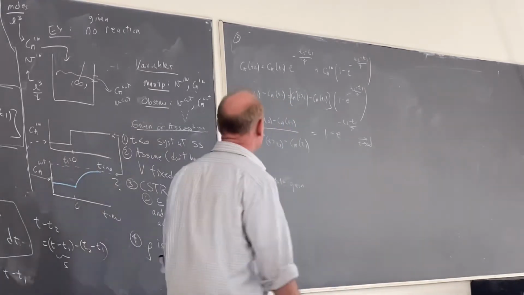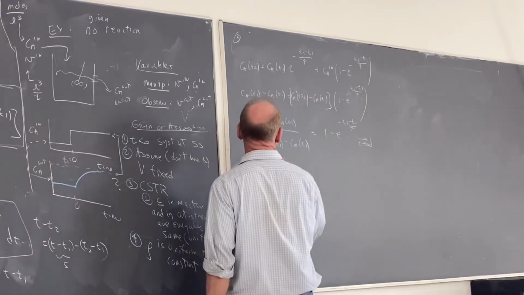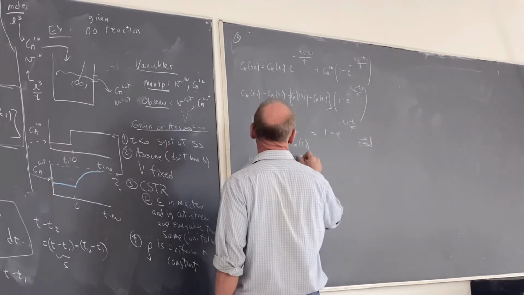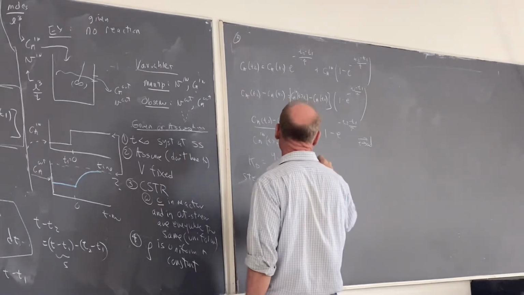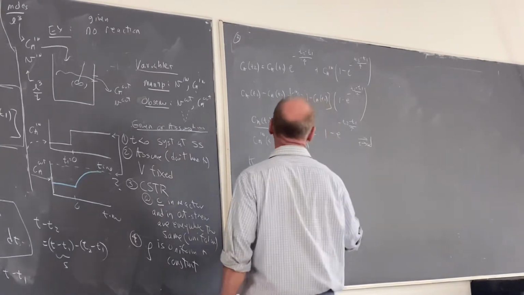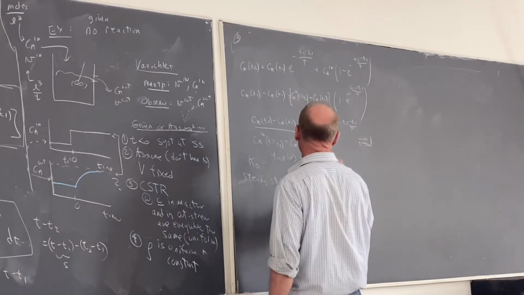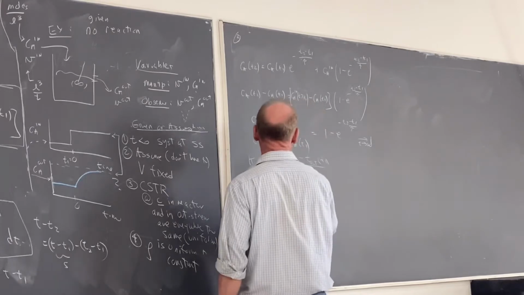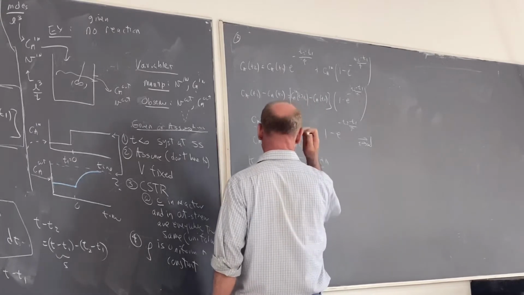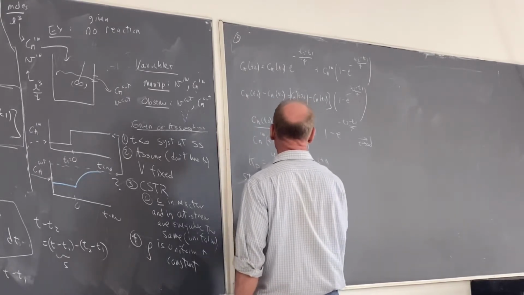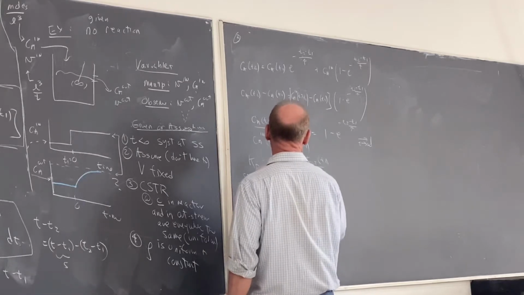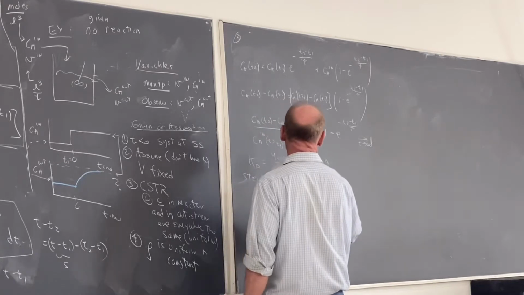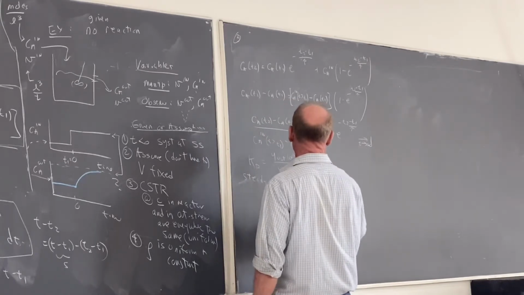The steady state gain is the variable of the output, y out of infinity, minus y out of T1, divided by y in for t greater than T1, minus y out of T1.